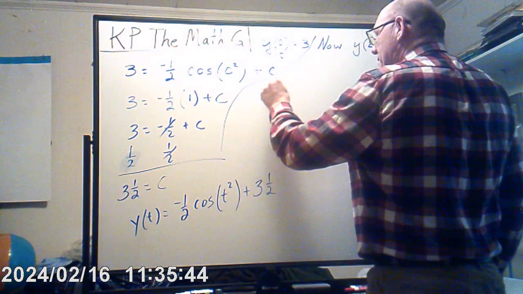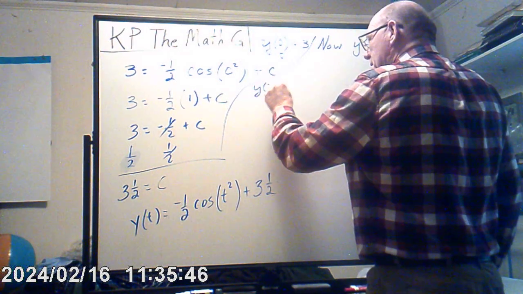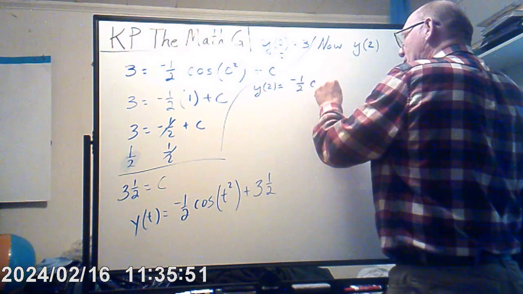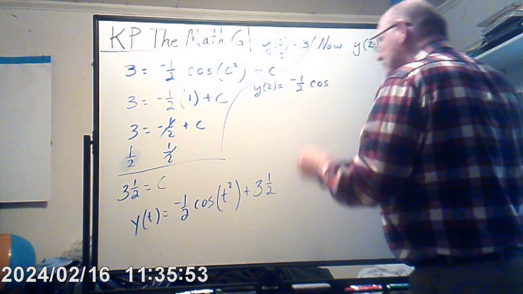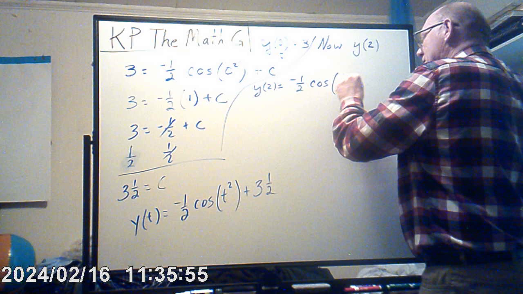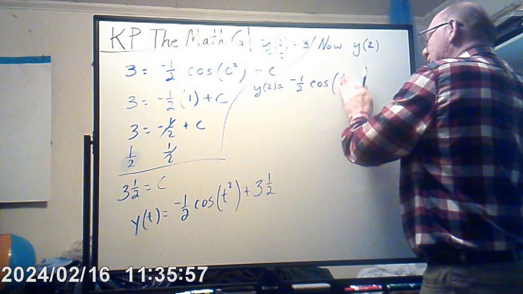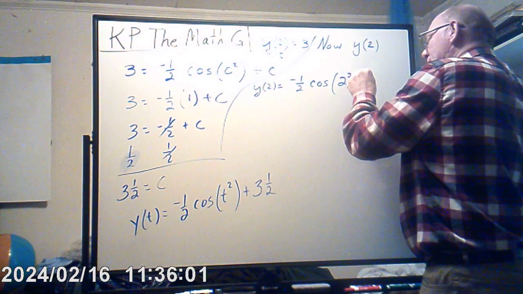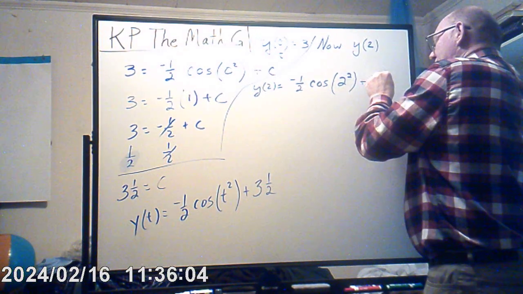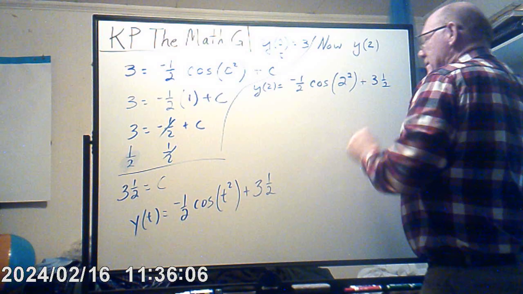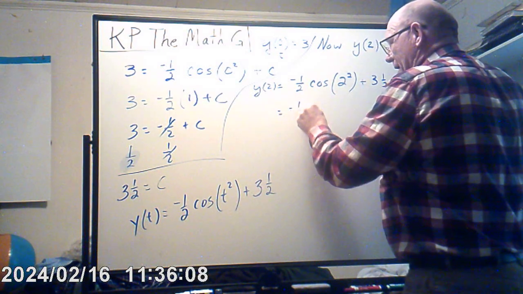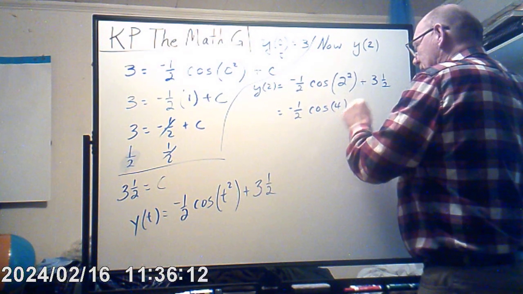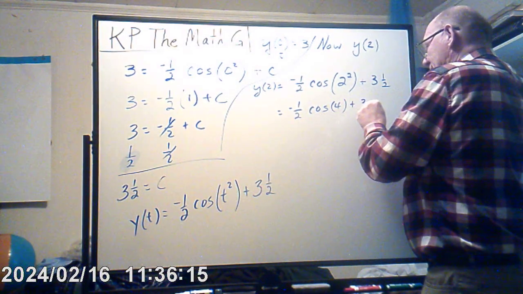So y at 2 is equal to negative 1/2 cosine of 2 squared, plus 3.5.